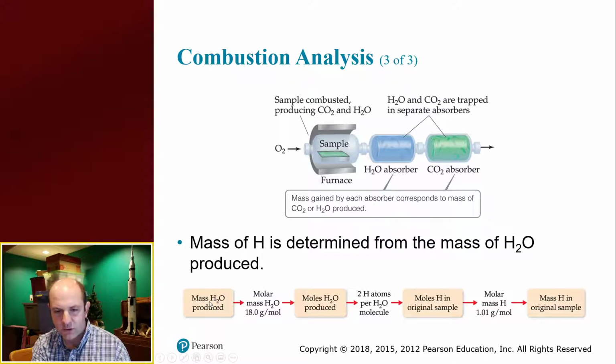We know how much water was produced. Use its molar mass to go to moles of water. We can say, oh, there's 2 hydrogens for every water molecule, H2O. And then say, okay, well, hydrogen is 1.01. Use that molar mass to get to grams of hydrogen. And so that gives us carbon, that gives us hydrogen. We can then put it together to say, is there anything missing that must be oxygen?